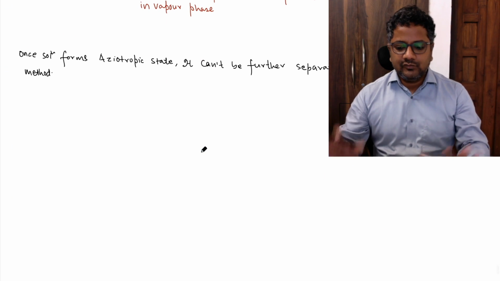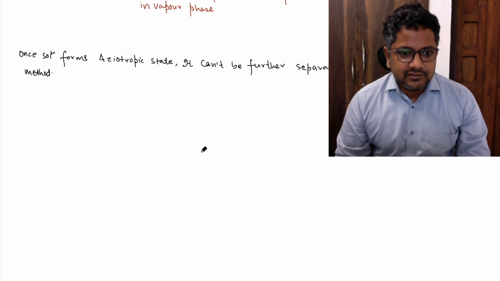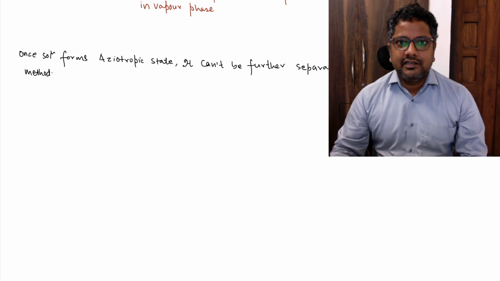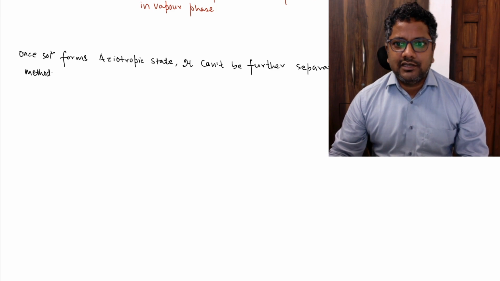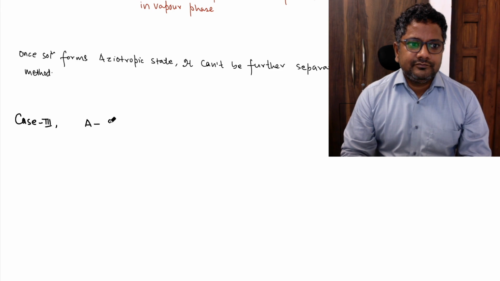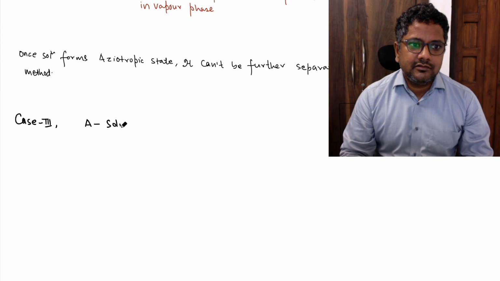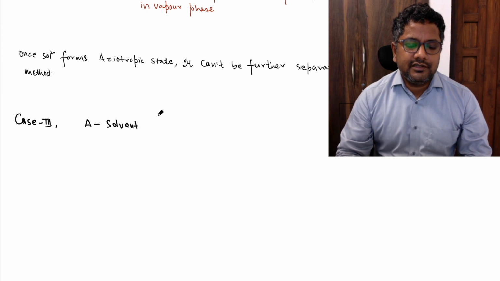Okay. So now we will move to the third case. This was the second case, and now I am moving to case 3. What is case 3? A is volatile. A means solvent. It is volatile.